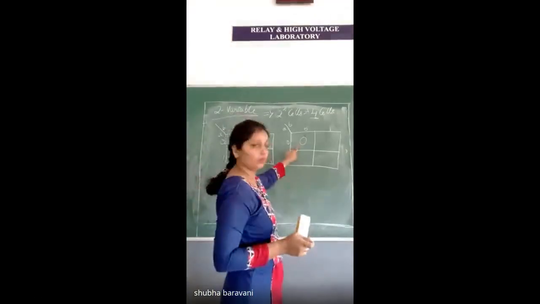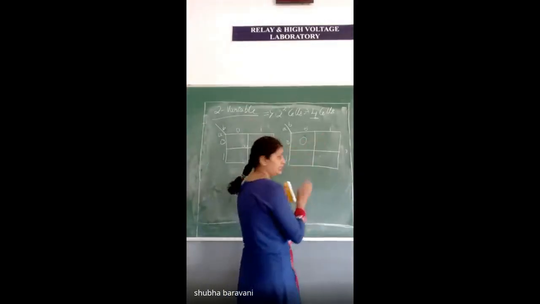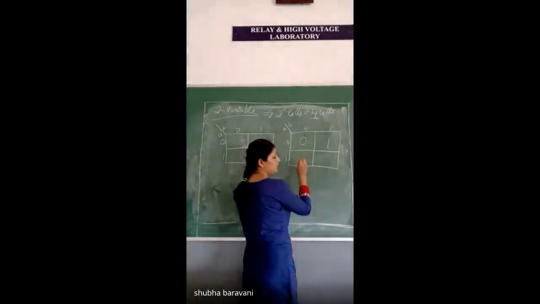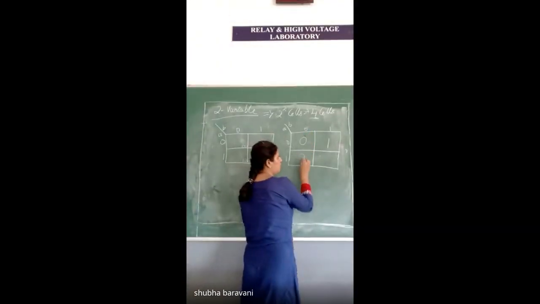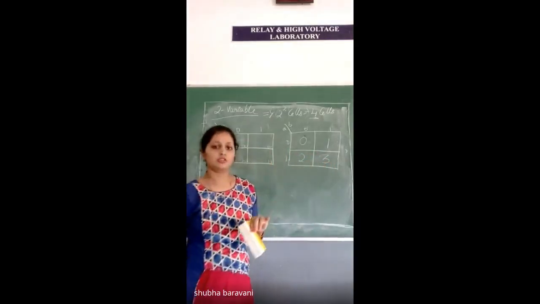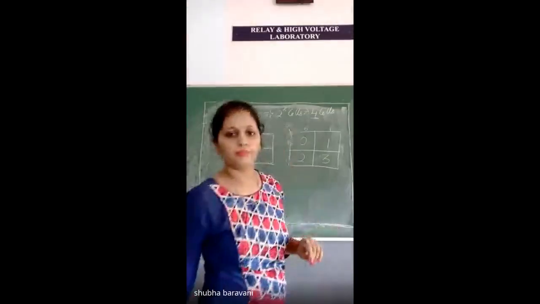So I have written 0 here. 0 1 is the first row, I'll write 1 here. 1 0 is the second row, so I'll write 2 here. 1 1 is the third row, I'll write 3. Understood? Is that clear, everyone?